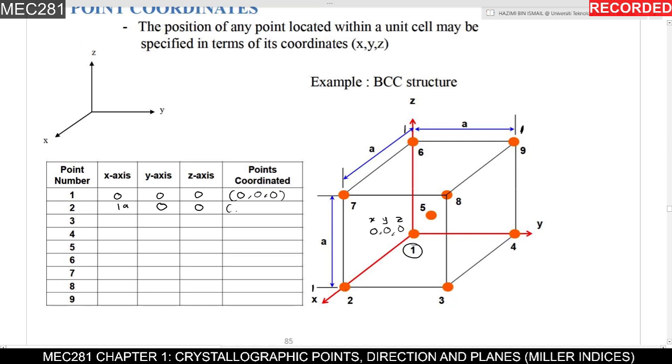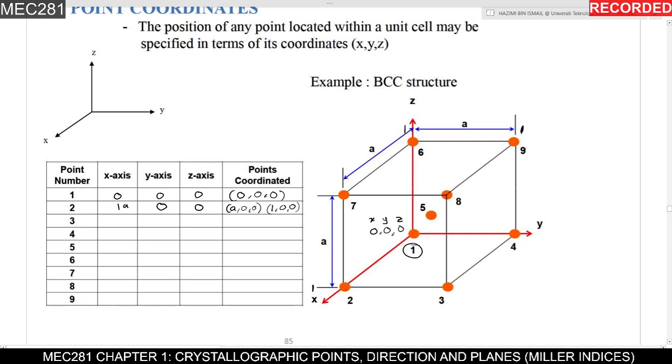So you can write down A 0 0, or if you know A is 1, you can put 1 0 0. And so on. I do not want to complete all the tables here, so you have to do it on your own.